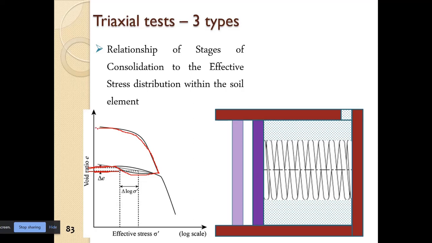Most of the deformation in the soil is due to the consolidation, the rearrangement of the soil particles, so there is drainage of water out of the soil. And then when we release it, some amount of expansion, then again when we recompress the soil, we will know up to what load it was loaded previously.